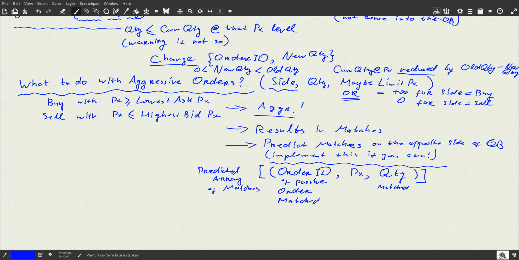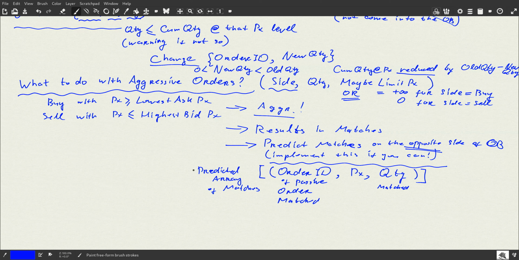If the order itself is a buy, then matches occur on the sell side of the order book, on the asks. If the aggressive order side is sell, then matches occur on the bid side of the order book. That's important to remember. And to implement this, calculate this predicted array.